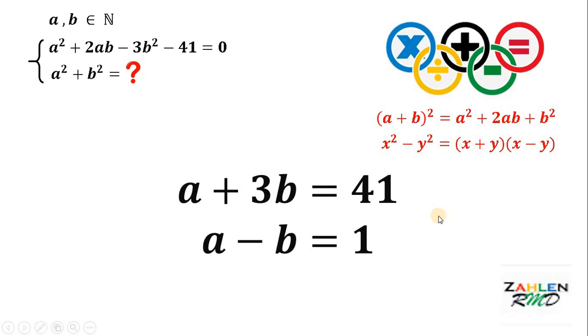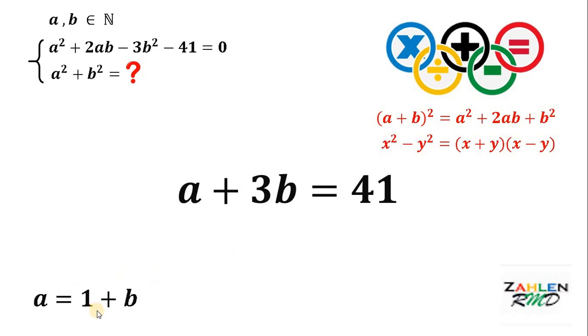Now at this point, we're going to solve for the values of a and b. We can use the substitution method, the elimination method, or the comparison method, as long as you solve for the values of a and b. In this video, I will choose the substitution method. On the second equation, let's add b on both sides, so we get a equals 1 plus b. Now substitute the value of a into the first equation.